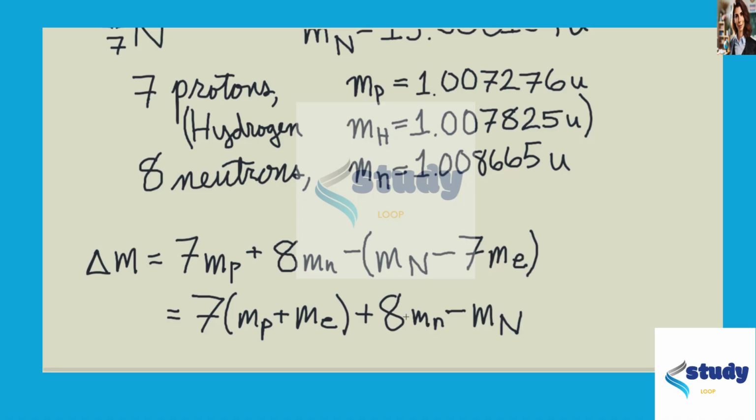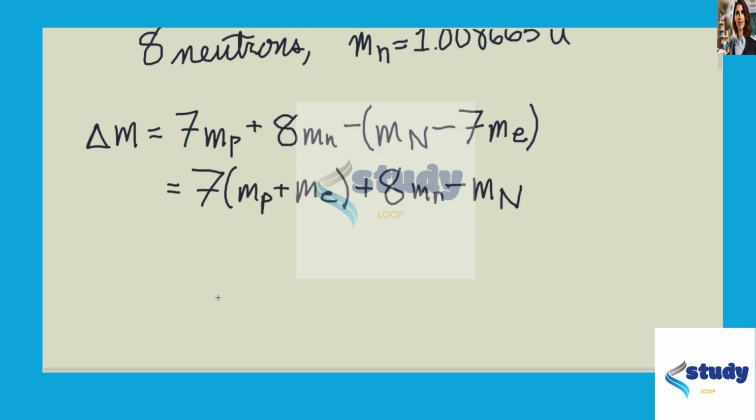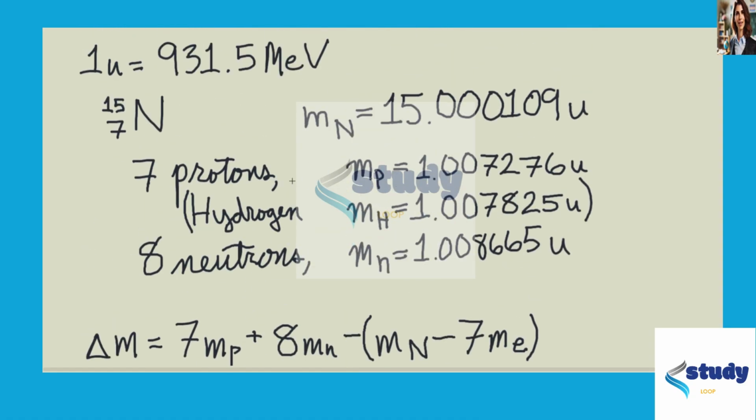What I've done below is to regroup these terms such that the mass of the 7 electrons that we need to subtract out, we can subtract out a negative, which makes it become a positive, and put it beside the coefficient of 7. Notice that this mass of a proton plus an electron is the equivalent of a hydrogen atom. And that is what we have here.